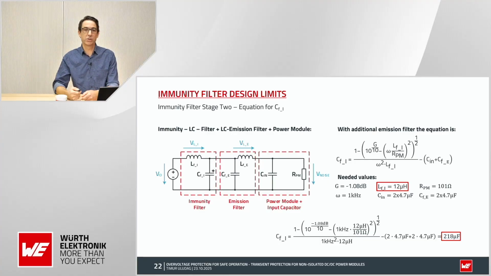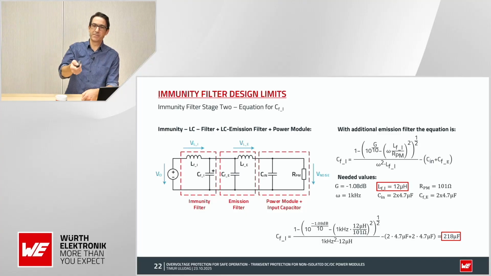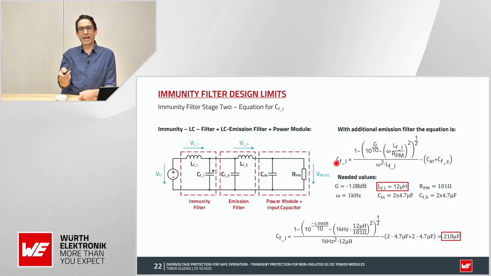For the calculation of CFI, we have to choose a corresponding filter inductor as a start value. As you can see, if we want to have this CFI, there are too many variables in there. That means we start with the value of LFI as a starting point.